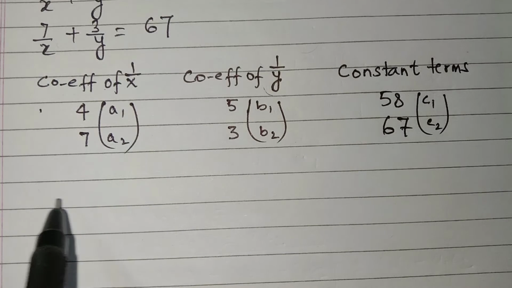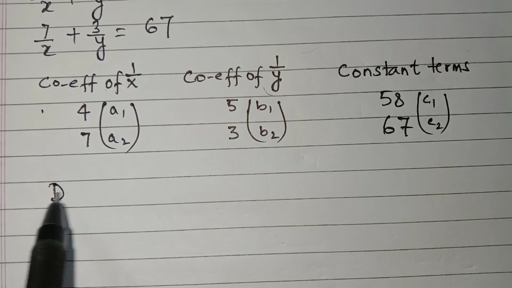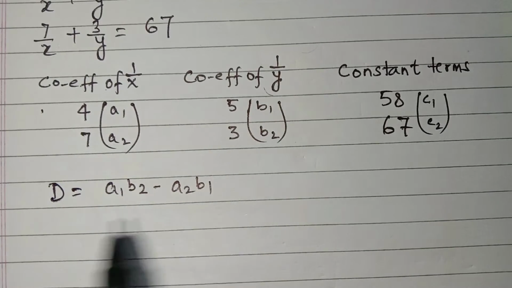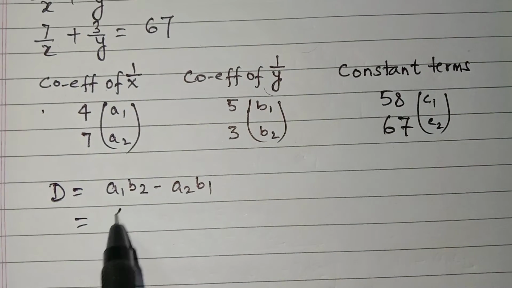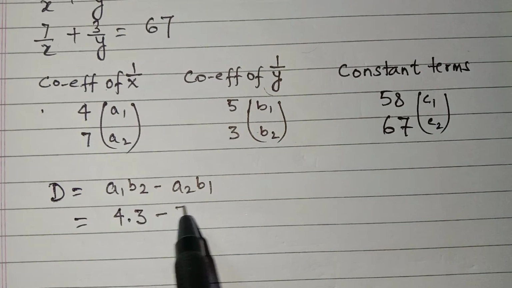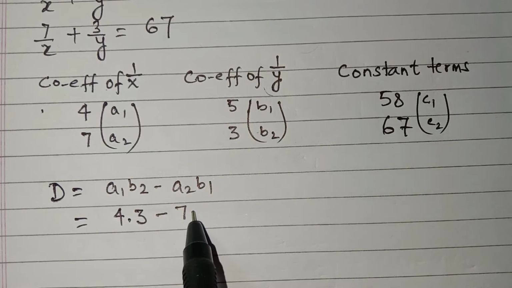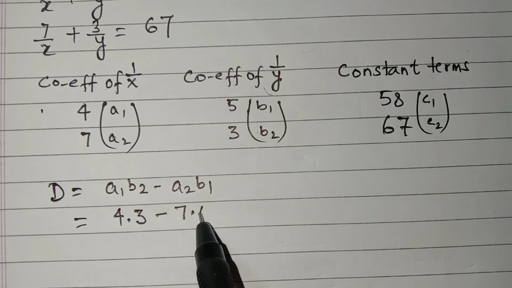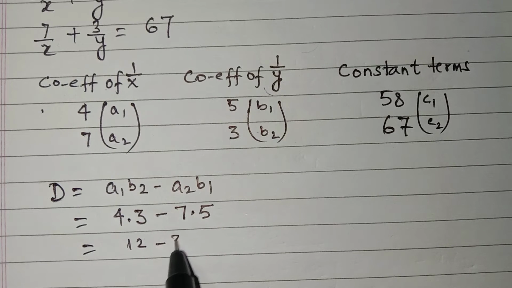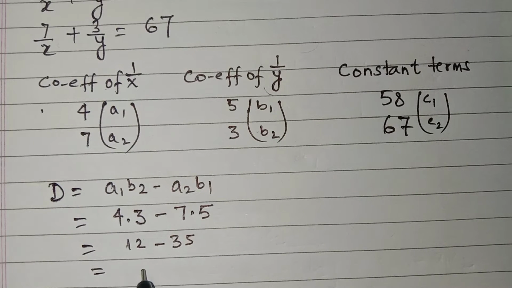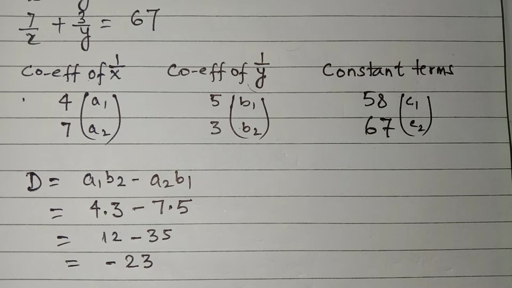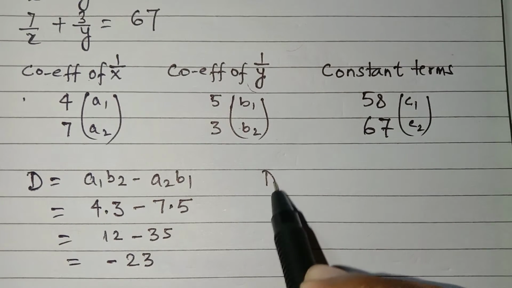Now let's calculate what is D. D is a1 b2 minus a2 b1. So a1 is 4 into b2 is 3 minus a2 is 7 into b1 is 5. So I have 4 times 3 is 12 minus 35. Then I'm going to get minus 23. Let's calculate what is Dx.